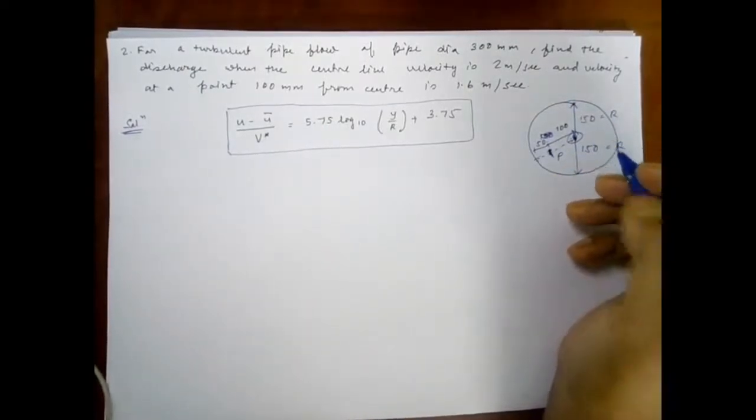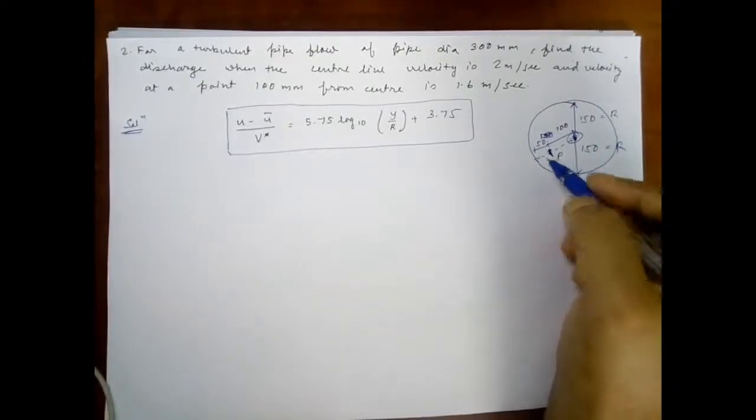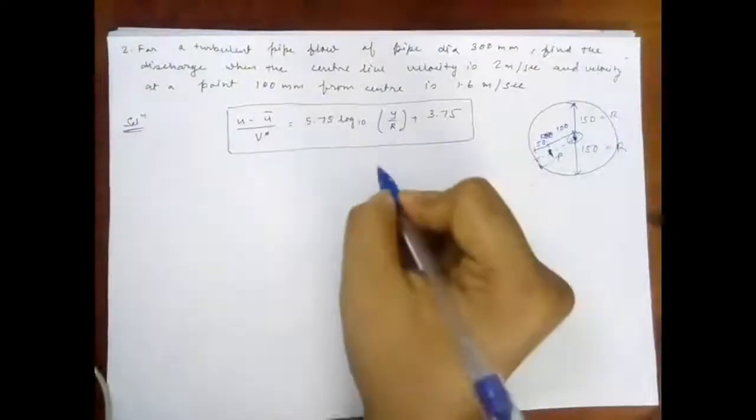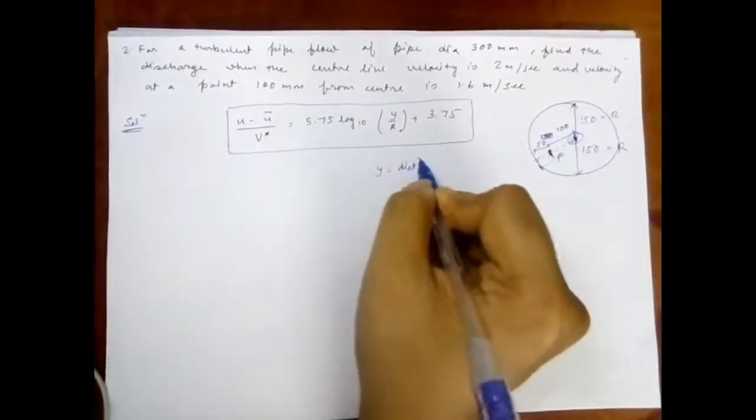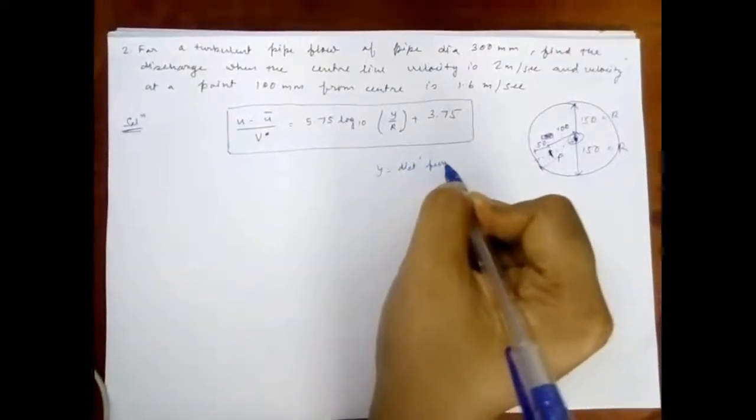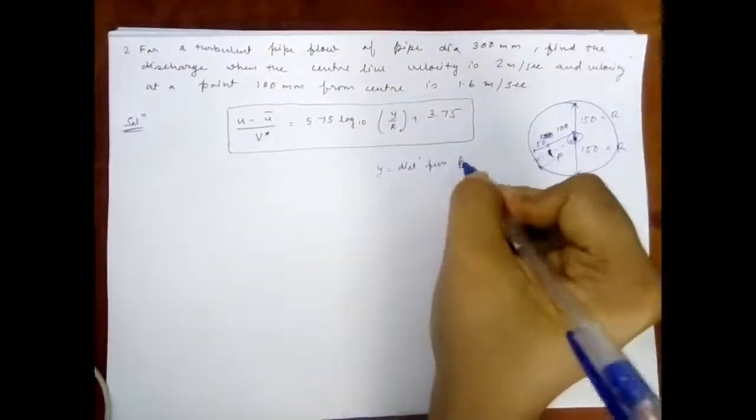So what is y? y is the distance from the pipe wall.